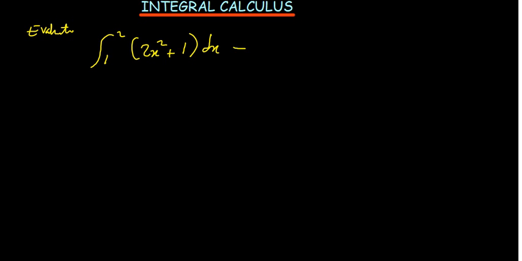So this is going to be equal to, whenever we integrate, the integral symbol goes. And so when we integrate 2x squared, we're going to get 2x, we add the 1 to the power, it becomes power 3, and then divide by the same 3. And then plus, if we integrate 1, we simply get x. So the limits now become 2 there, 1 there. The upper limit is always on top and the lower limit down.